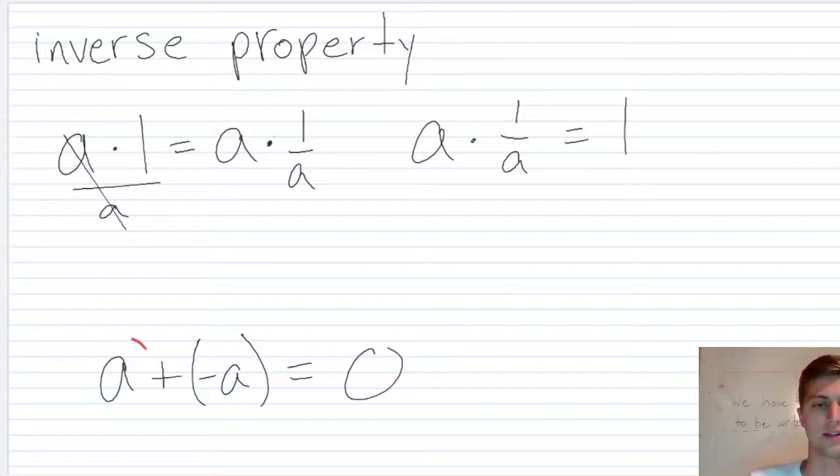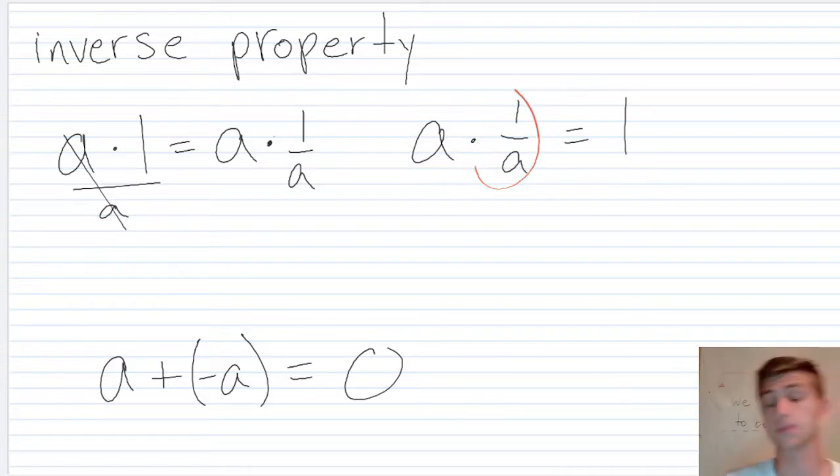To cancel out an A, we add a negative A. That's really what the inverse property means: how do we cancel it out? And for multiplication, to cancel out multiplication by A, we divide by A.